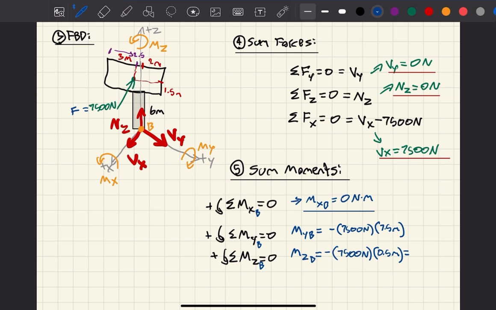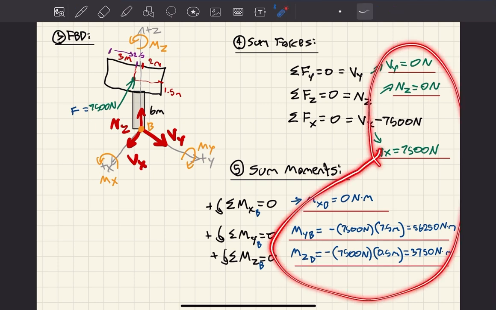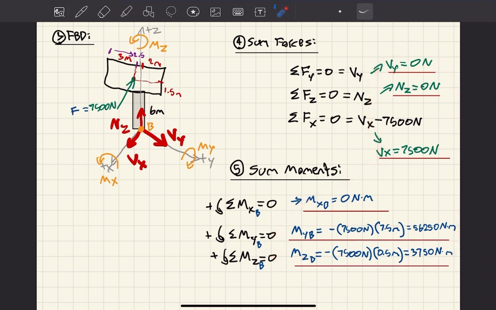The magnitude of this is 3,750 Newton meters. This one is 56,250 Newton meters. And basically, those are your answers. So you've basically analyzed all 6 degrees of freedom, and that is your answer.